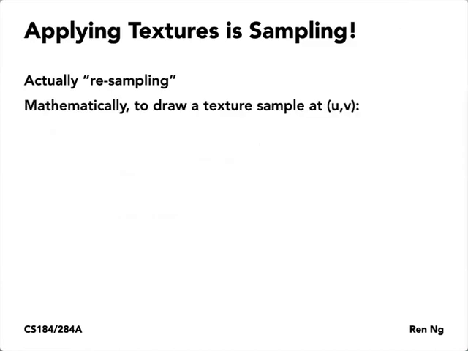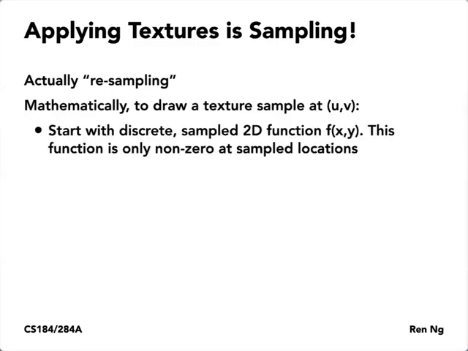Mathematically, to draw a texture sample at a position UV, a few things have to happen. First of all, we have to have the texture image to start. If we start with a photograph, an image file that's an array of color pixels, then you can think of that as a sampled discrete 2D function where we only have a color defined on a grid of pixel locations.